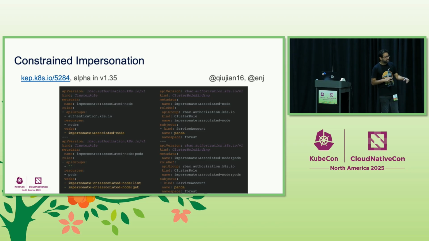But then the second check describes, via that impersonate on prefixed verb, which action you're allowed to take, right? So you can kind of truncate that prefix off, and you can see that it's for getting pods, right? Obviously, in this case, because this is a cluster role and cluster role bindings, you could have compressed this into a single cluster role and a single cluster role binding, but I've kept it separate to make it more clear in your mind that both of these checks will happen in succession, right?